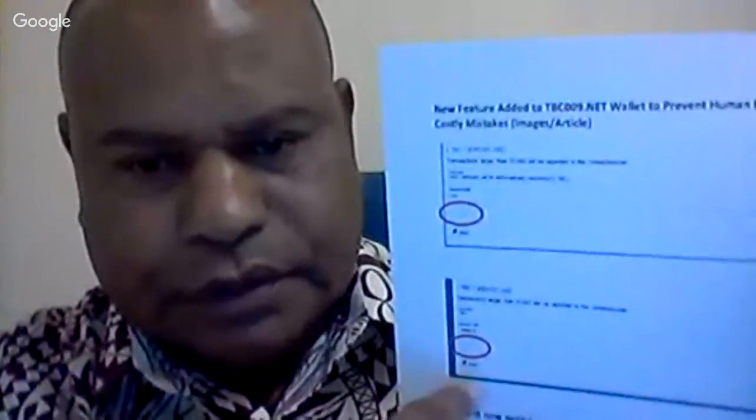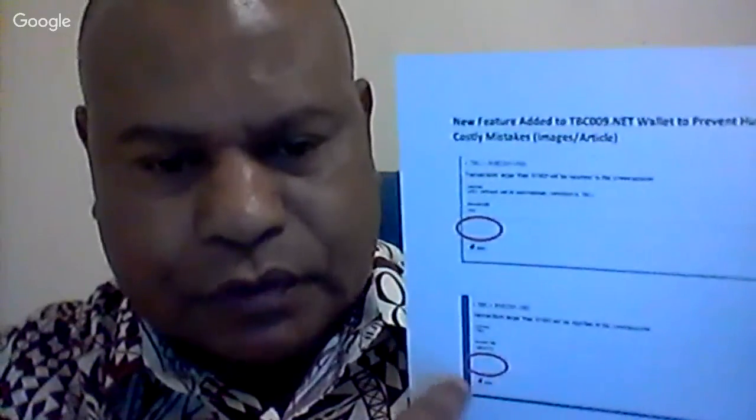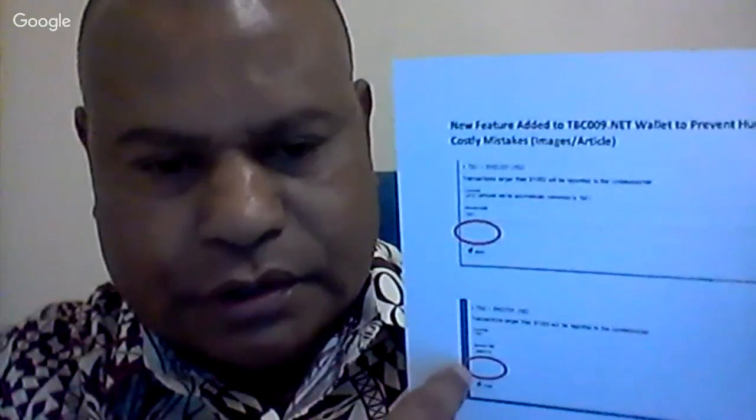If it is equivalent to $100 or equivalent to the amount of TBC that we wish to transact to another TBC, we must always cross-check with the indicated amount of equivalent number of Kringles.